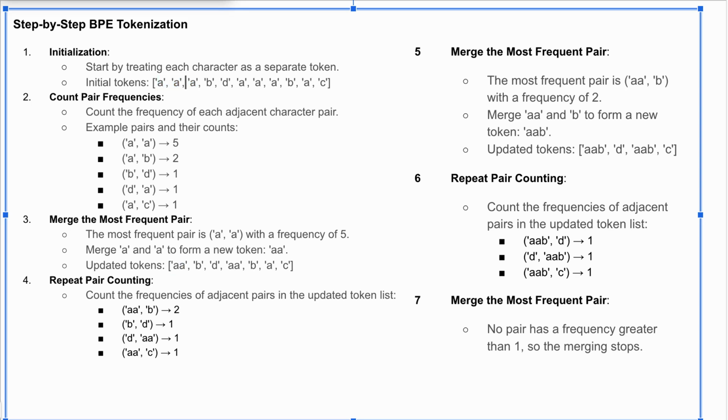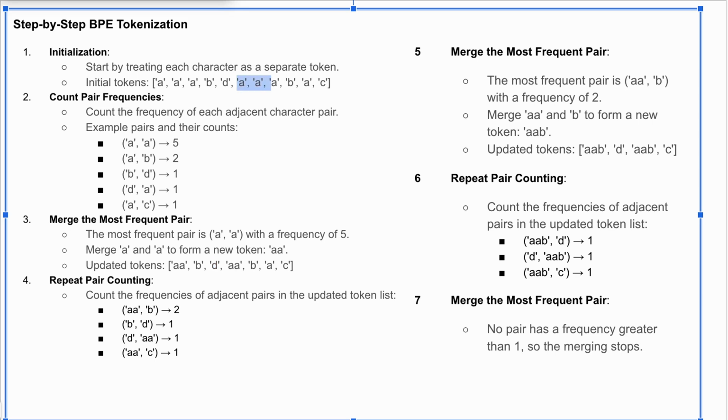You merge A and A into a single A, and then this A and the third A can be merged into a single A. In the end, you get AA. If this is clear to you, you can proceed with the next step. You don't see B being part of any pair with a decent count, so we are going to ignore B and keep it as is. D is also the same.